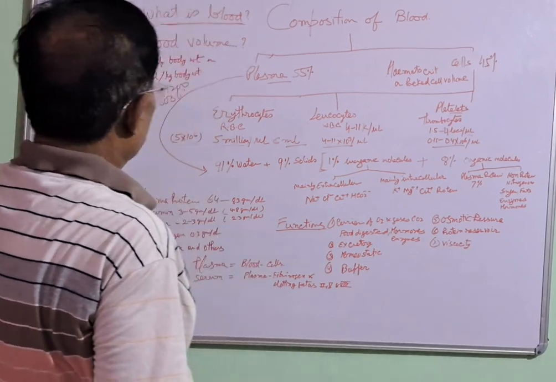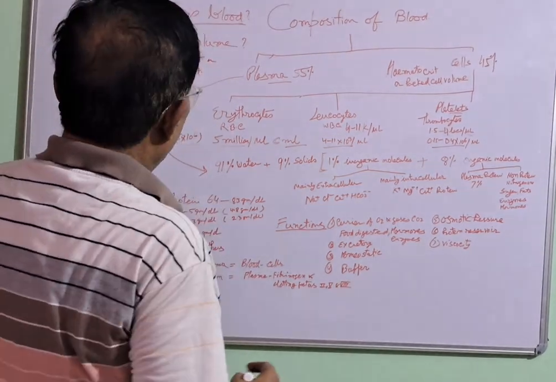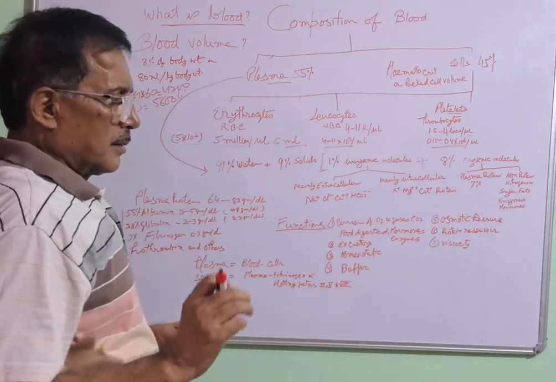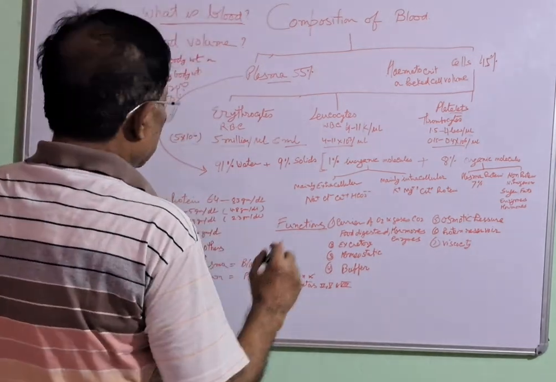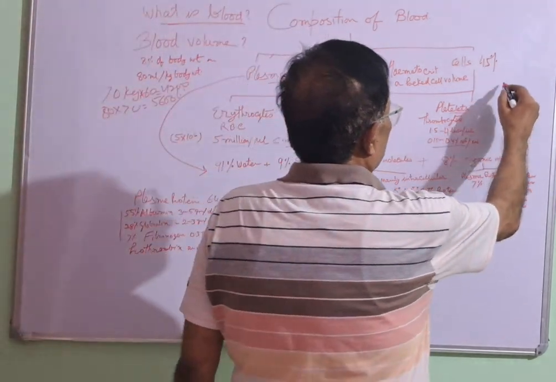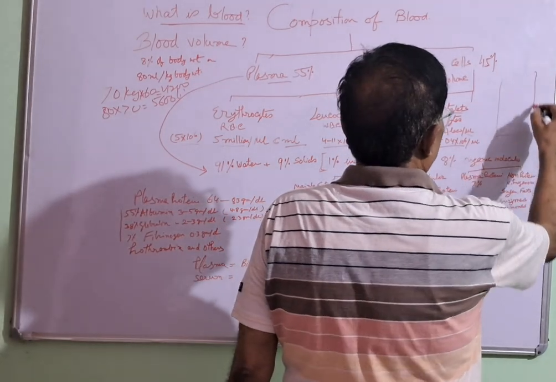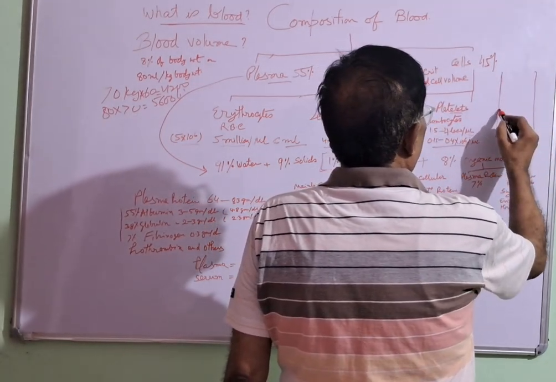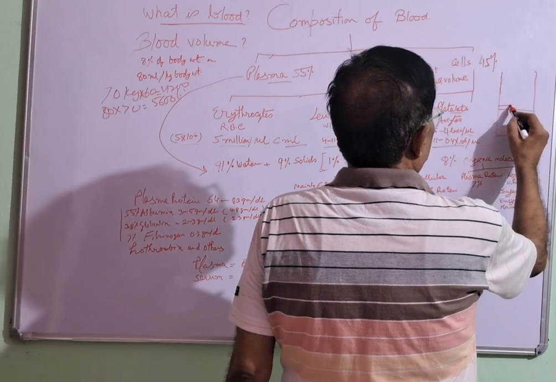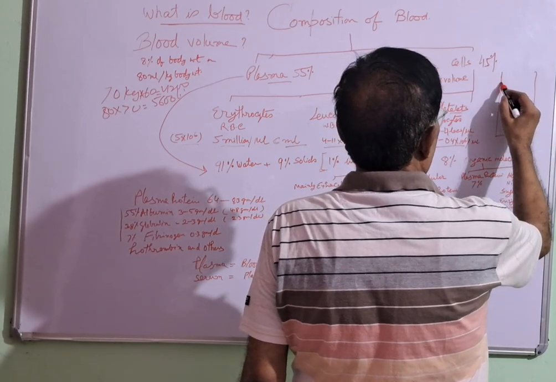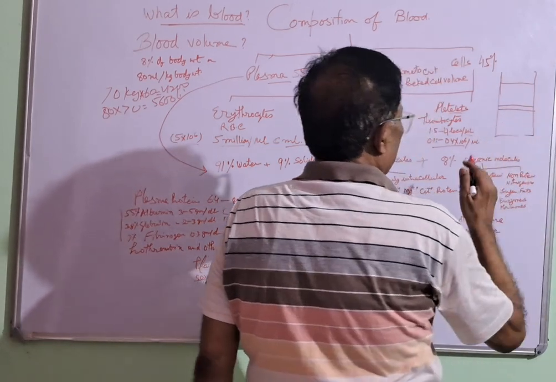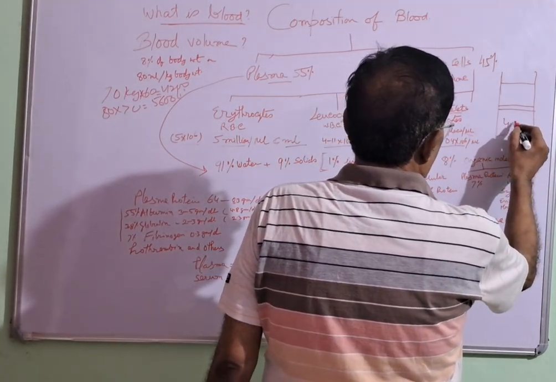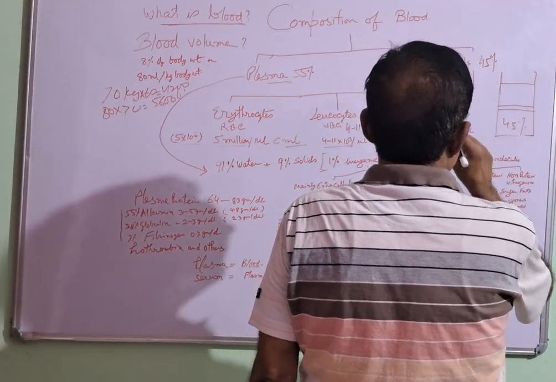Now coming to plasma. Plasma is the fluid portion, and it is 55% of blood. When we allow blood to stand, mixed with anticoagulant so that it will not coagulate, then you will see that 45% will settle down. These are cells.